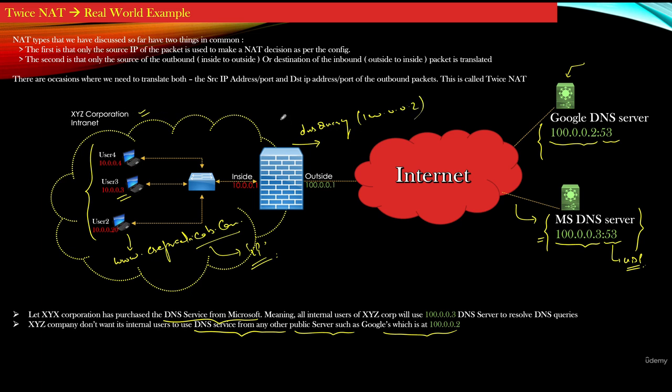XYZ Corporation wants to install a rule on its ASA firewall that this DNS query, which is destined to Google's IP address, is automatically routed to the Microsoft DNS server. So even if any internal user wants to access the Google DNS server, he would not know and would end up using the Microsoft DNS server, because the ASA firewall will reroute this query to the Microsoft DNS server instead of the Google DNS server. So this is the use case where twice NAT would be helpful. We will see in the next lecture video how twice NAT makes this possible.